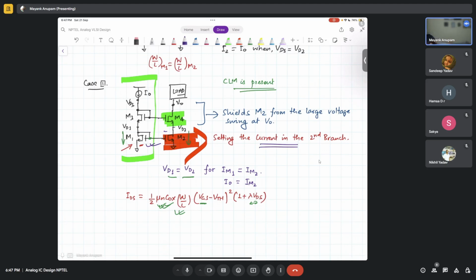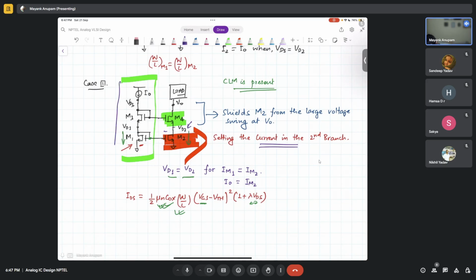Now that we know that, when can the current through the second branch change? The current through the second branch can change only when VD2 changes, right? Because VG1, the gate voltage of M2, is already fixed, isn't it?